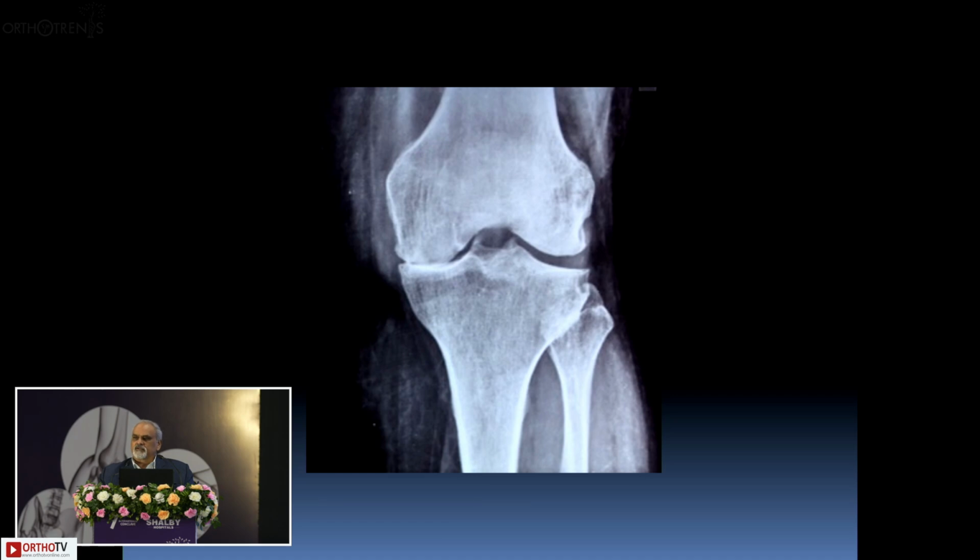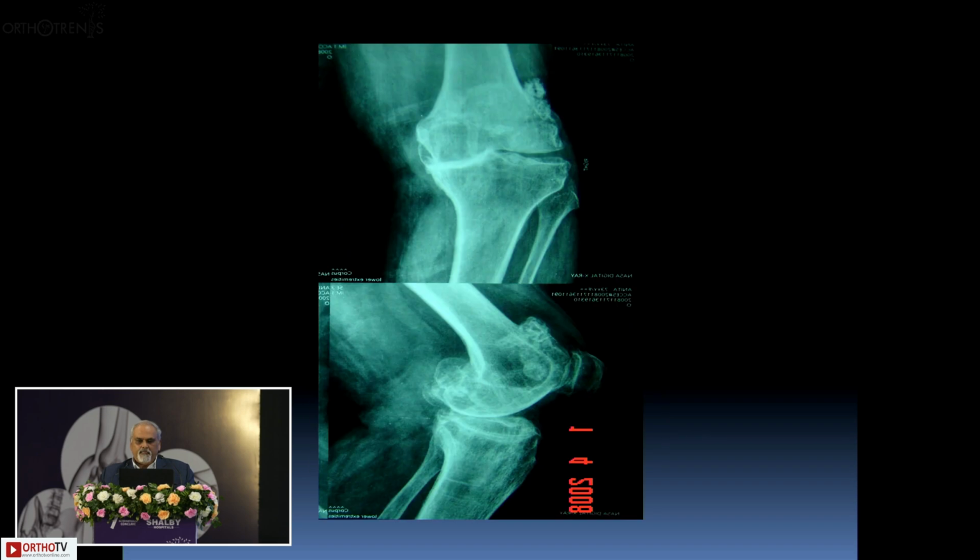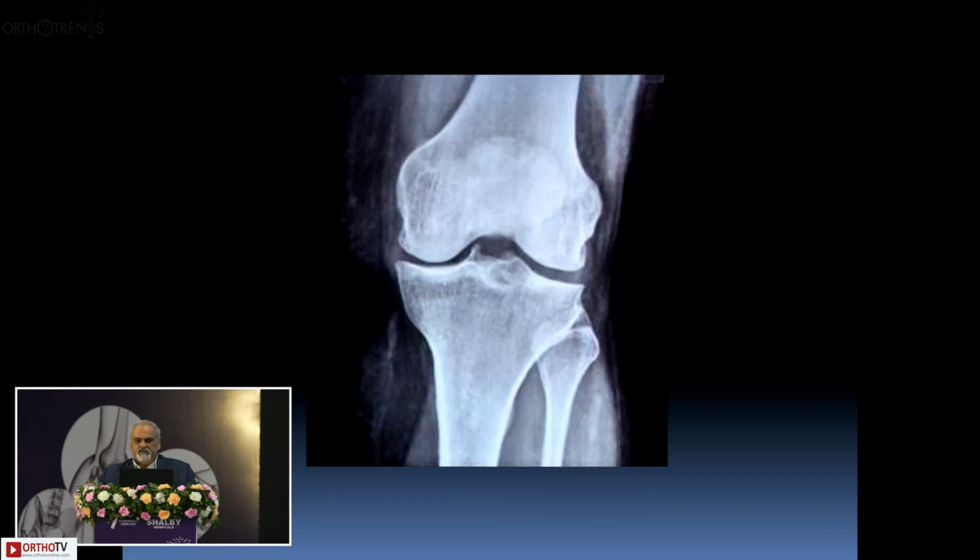So X-ray would look like this for a grade 1, which is a reduction of the joint space, but there's still not bone on bone. To stage 2, where it's bone on bone, but the ACL is still intact and the MCL is still not contracted. To an advanced stage where even the bone gets attritioned.